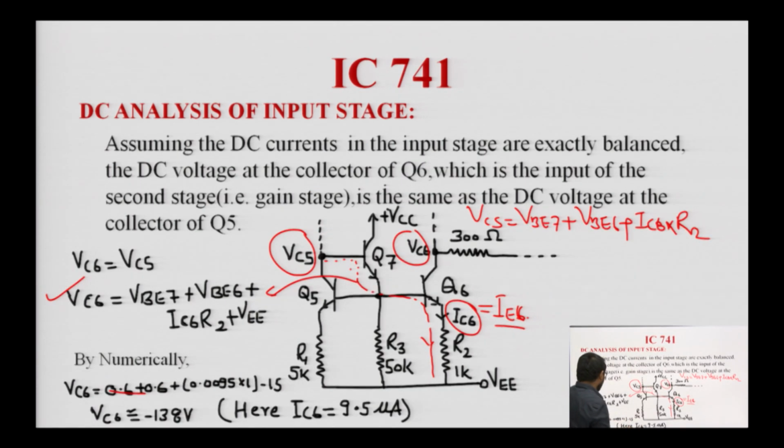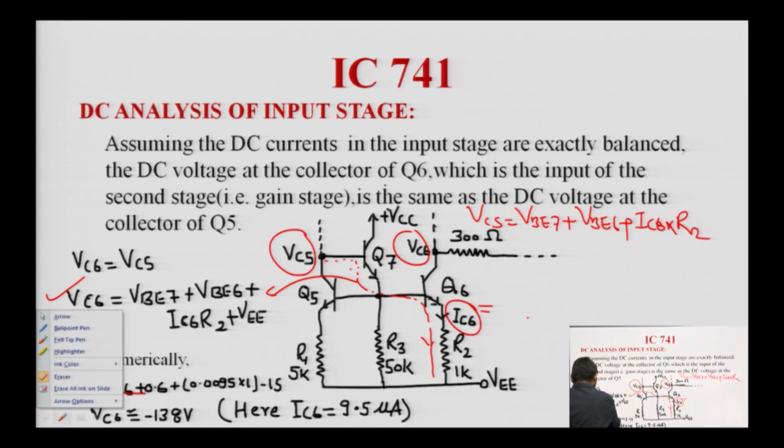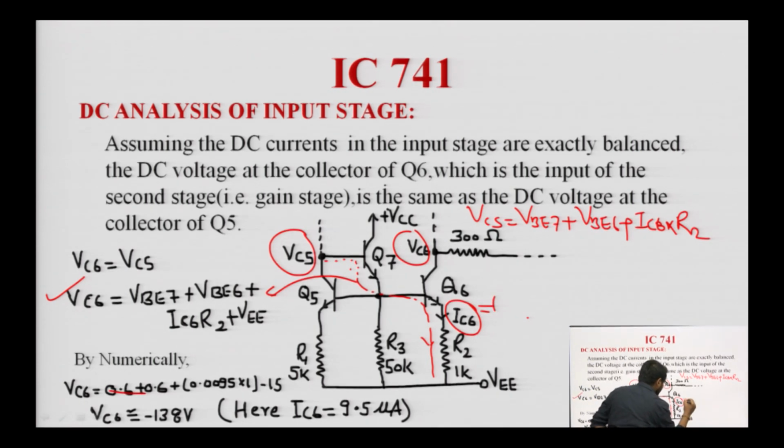So, we put here the value of IC6. IC6 is approximately IC4, and this is equal to 9.5 microampere. Okay.